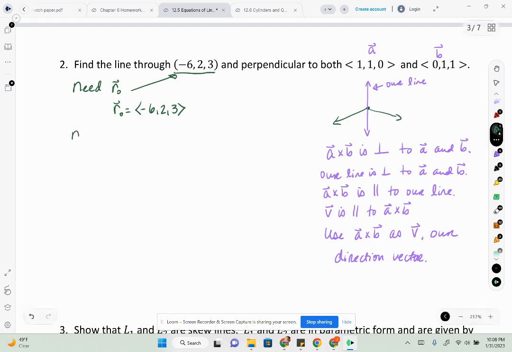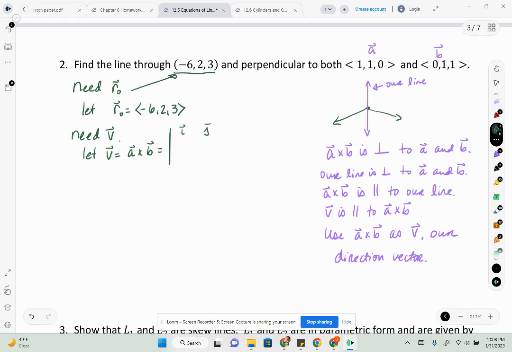So based on that explanation, I need V, and up here I said let R0, down here I'm going to say let V equal the cross product of A and B. Well, that means I need to find the cross product, so I'll go ahead and write that out.